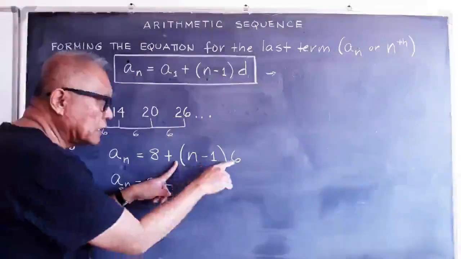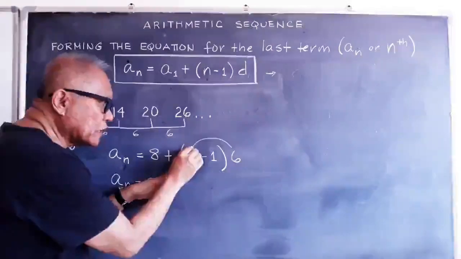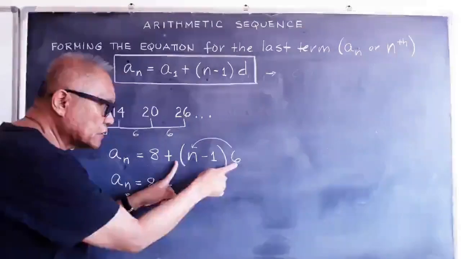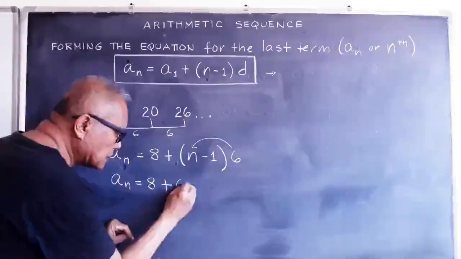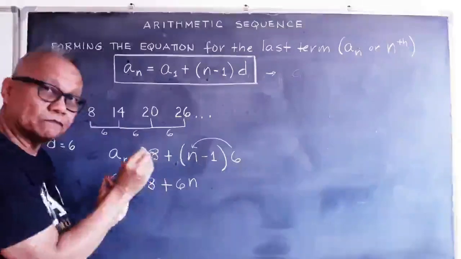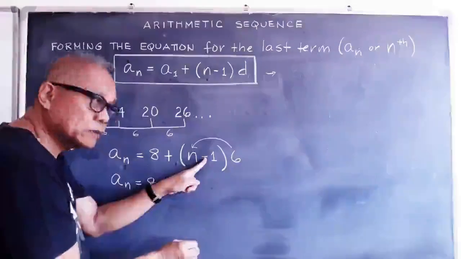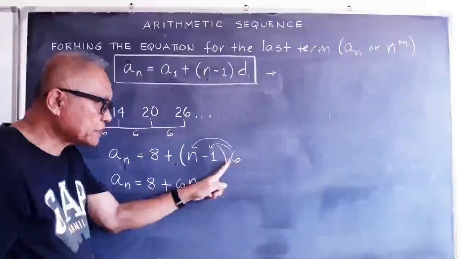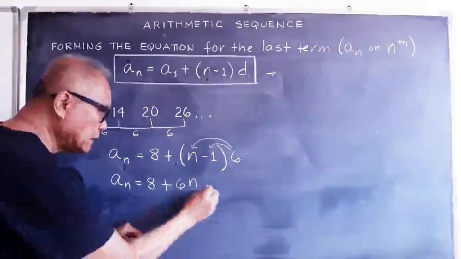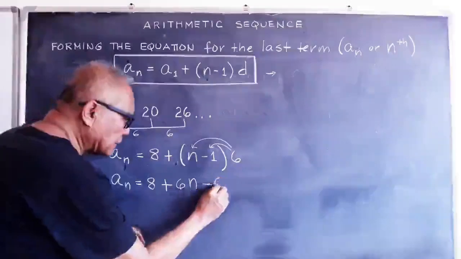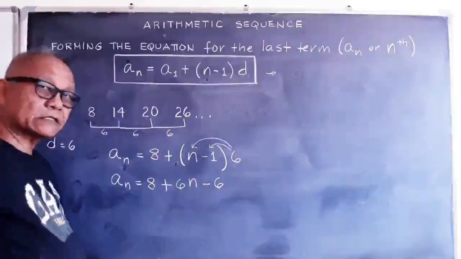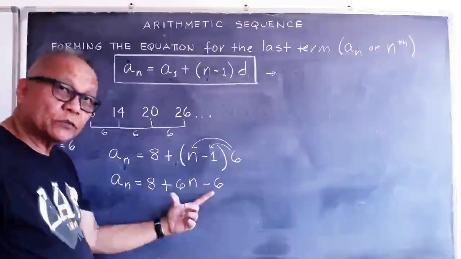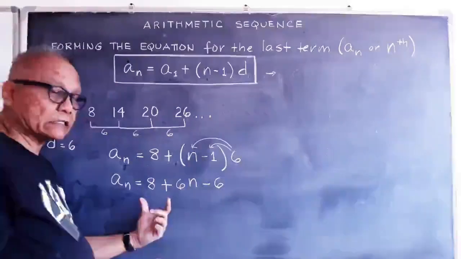So we multiply 6 times n. There's no problem because this one is plus. 6 times n is 6n. After this one, don't forget the second one is negative 1. 6 times negative 1 is negative 6. Then we combine like terms and arrange it.